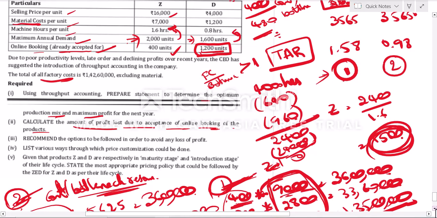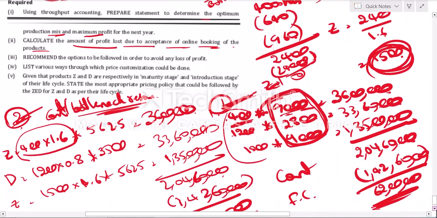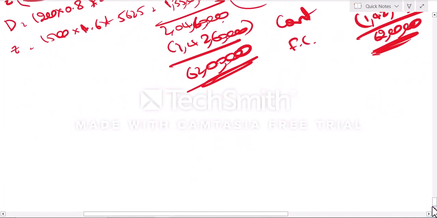So how do we calculate that? First find out what the profit would be if we did not give that importance. 2000 units into the contribution for Z. We must have produced 2000 units. How many machine hours are required? 2000 into 1.6, 3200.